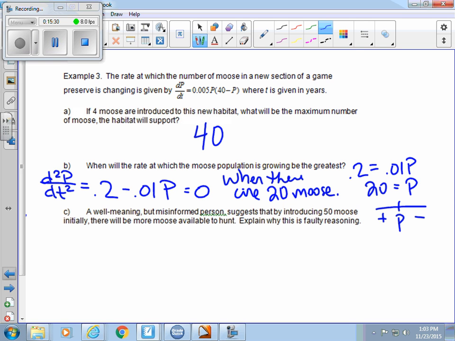You would have to solve using an initial value. You know there are 4 moose introduced to the habitat at time 0. So you would put 0 in for time, 4 in for the population, and solve for A.